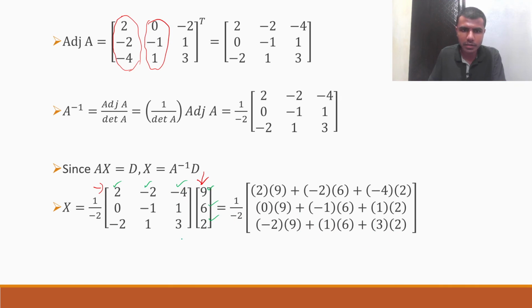See, this one's order is 3 cross 3. This one's order is 3 cross 1. 3 rows, 1 column. So my final matrix answer will be of order 3 cross 1. Just simplifying as 1 by minus 2 into this. Now 2 nines are 18, minus 2 into 6 is minus 12, and minus 4 into 2 is minus 8. So 18 minus 12 minus 8.